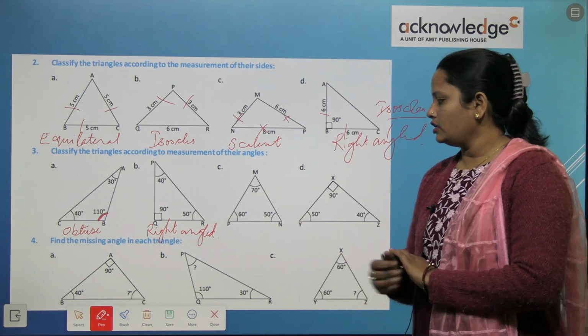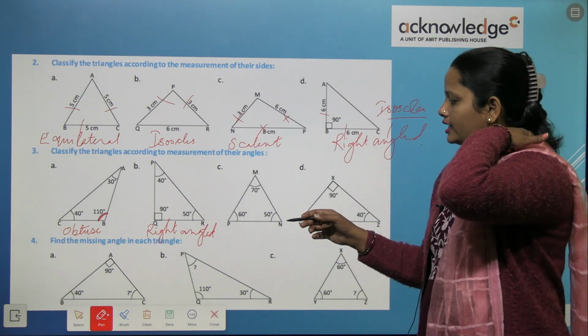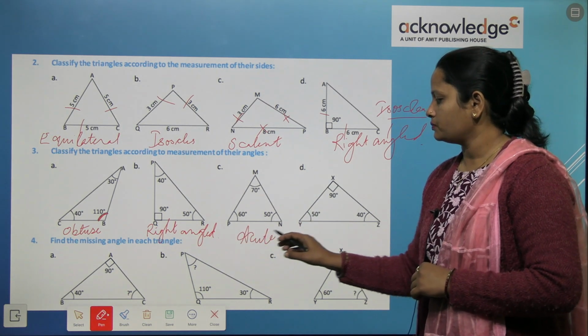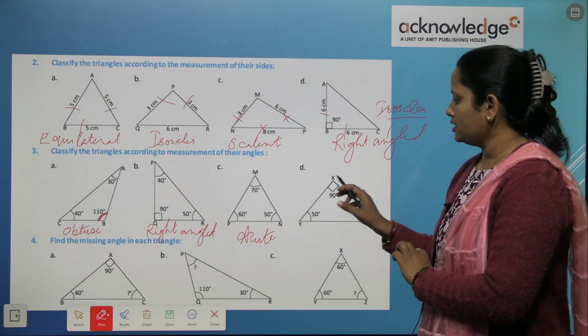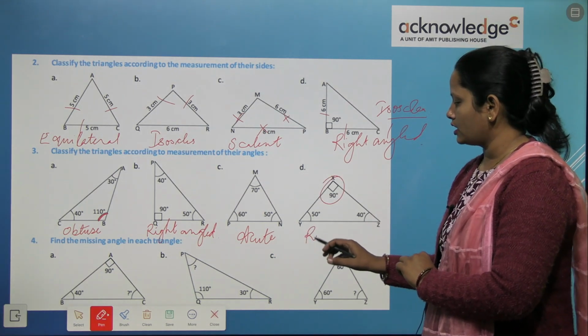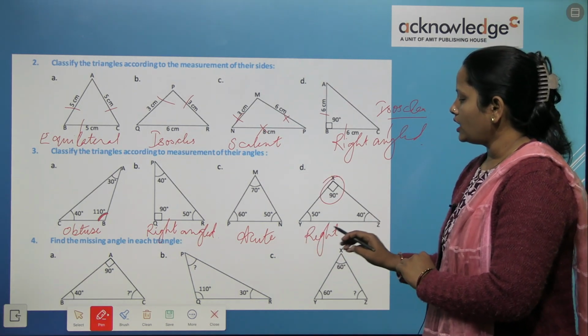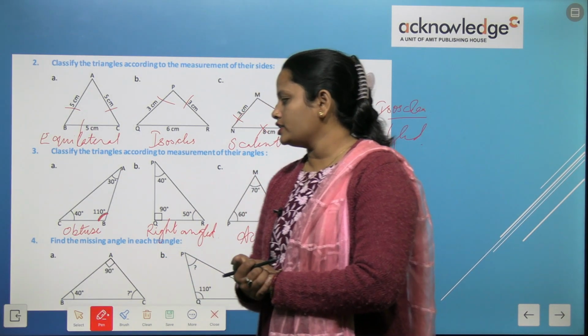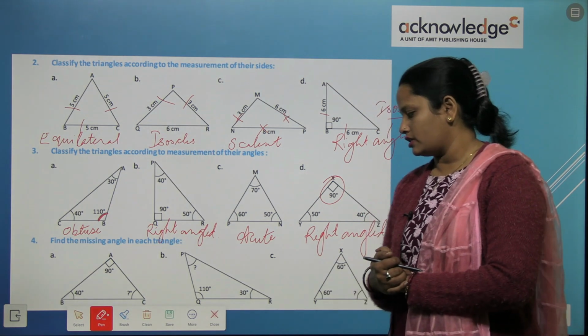Next, here you can see all the angles are less than 90 degrees, so it is acute. Similarly, this is 90 degrees, so it is again right angled.